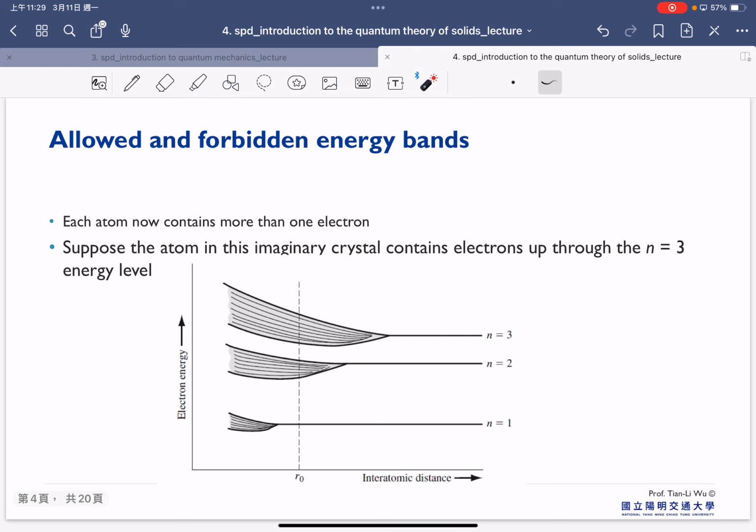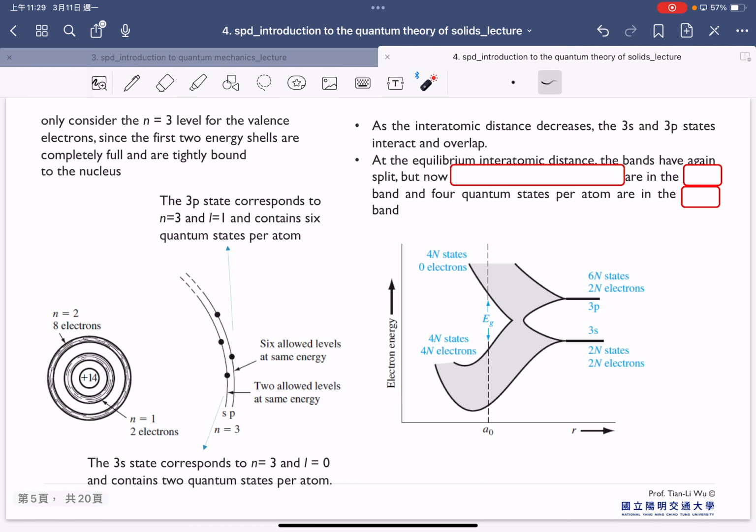Each atom now contains more than one electron here, and suppose the atom in this crystal contains electrons up to the n equal to 3 energy level, so you will see the energy versus distance can be shown in this way. If we only consider the n equal to 3 level of the valence electrons, the first 2 energy shells are completely full and tightly bound to the nucleus.